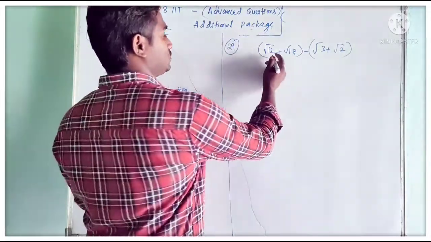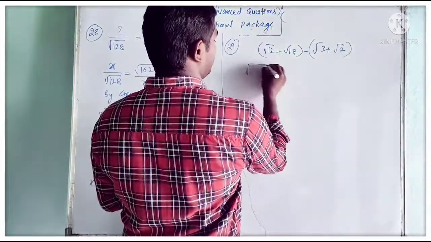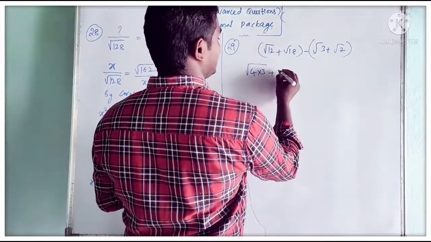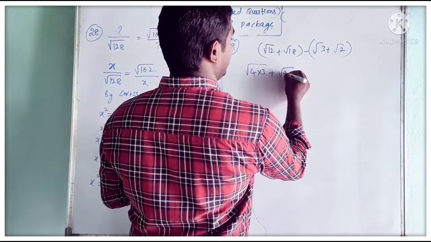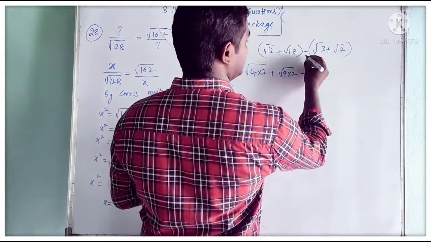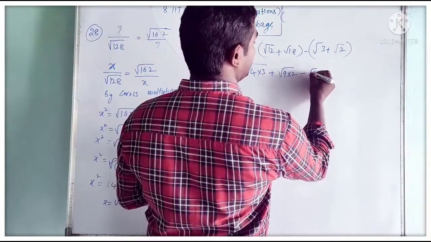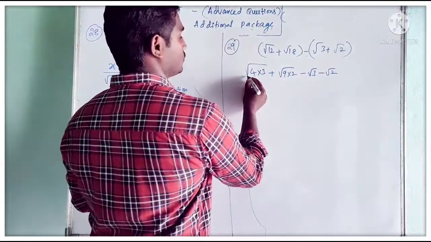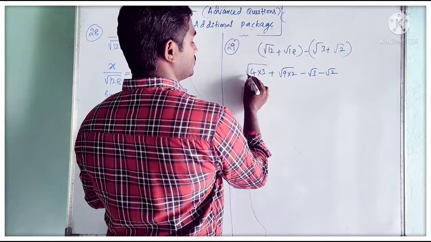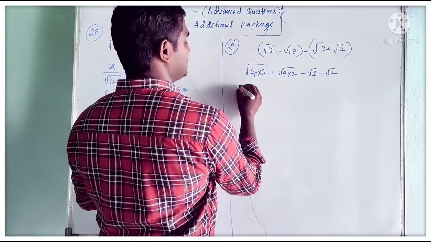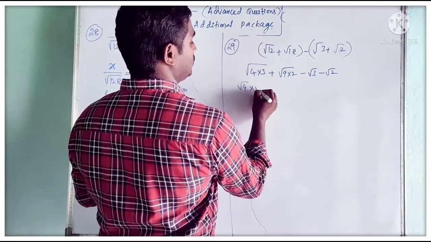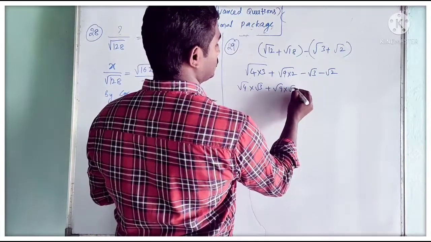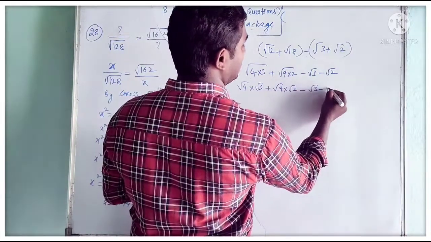So this root 12 I am writing as square root of 4 into 3, plus root 18 we can write as square root of 9 into 2, minus root 3, minus root 2. So the square root of 4 into 3 we can write as square root of 4 into root 3, plus square root of 9 into root 2, minus root 3 minus root 2.